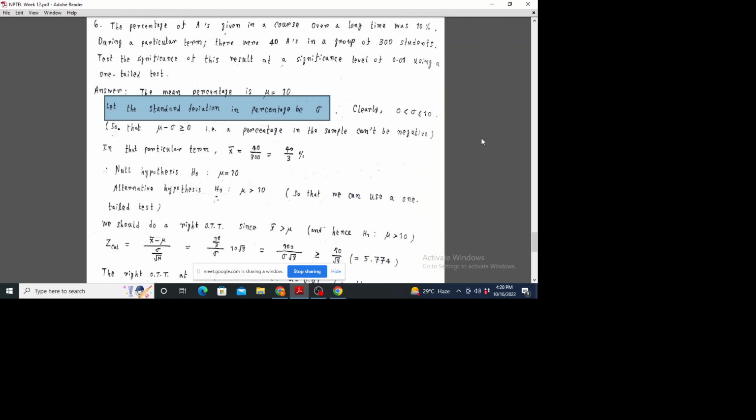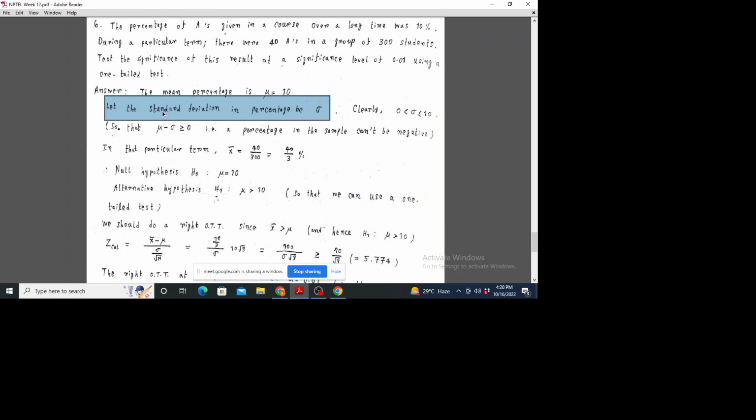In the previous problem, the standard deviation was given. Here the standard deviation was not given, so you may think that the data is insufficient. But I will show you that that is not the case.